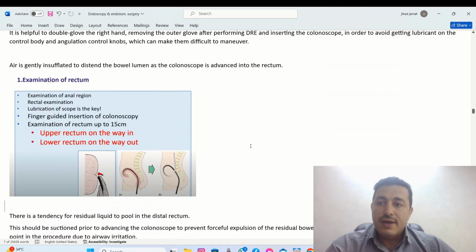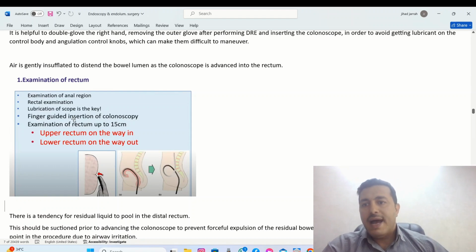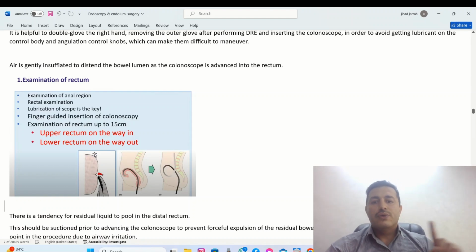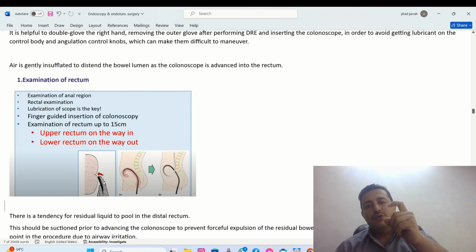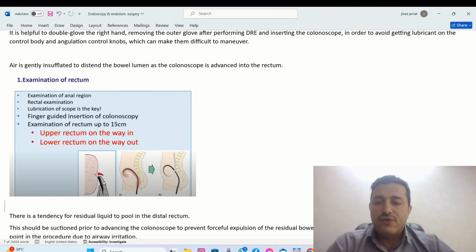As you see here, first of all, examination of the anal region, the rectum, digital rectal exam. Please lubricate the scope, and you can use your finger, as you see here in this picture, to insert the scope, because we know the last part of the scope is redundant, so finger guided insertion of the colonoscope.